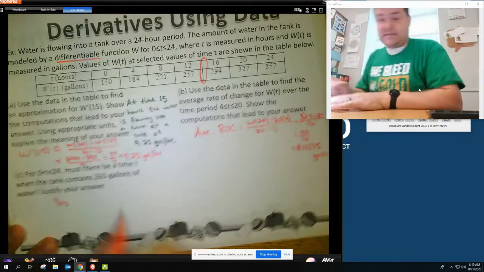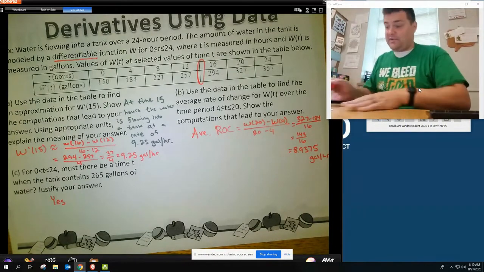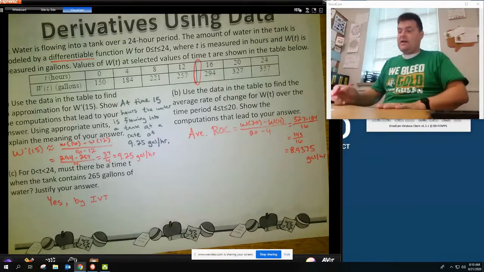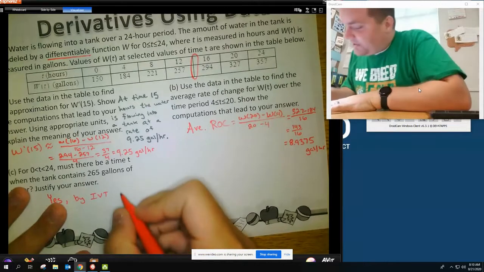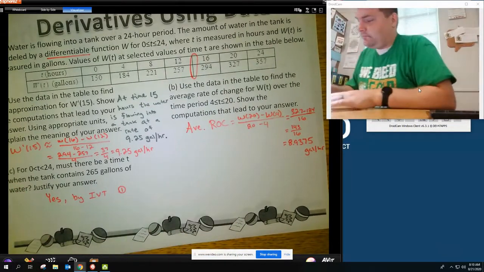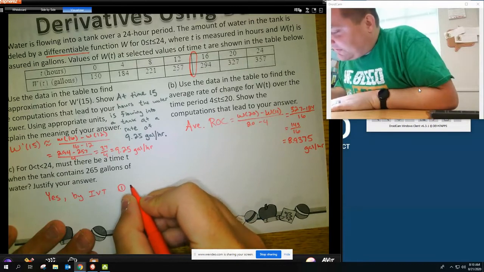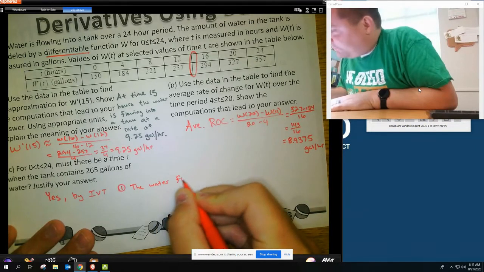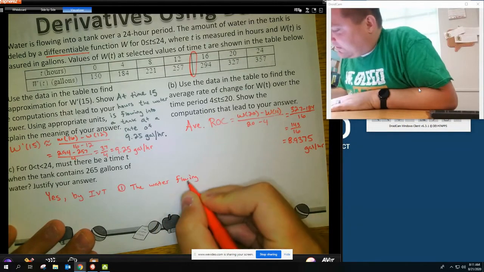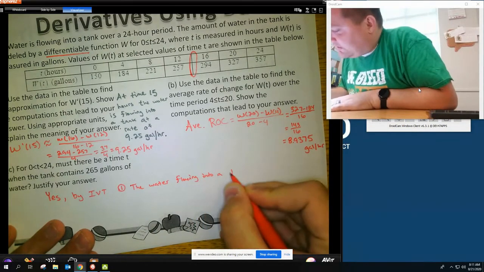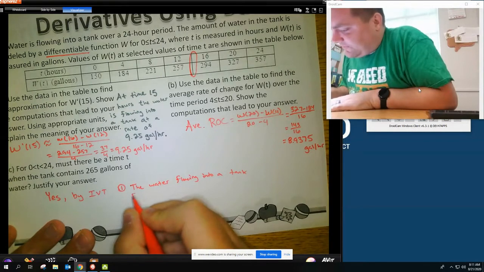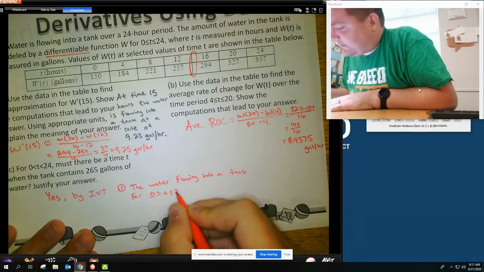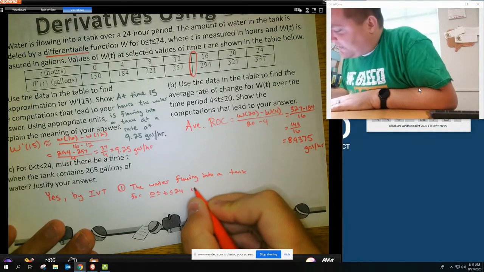So yes, this happens. That's a point. Then you actually have to write everything else. So by IVT, you don't need to specify IVT. I'm doing it because it's your notes. And what are the 3 things we need? Well, I'm going to write that the water flowing into a tank for 0 to T is continuous.